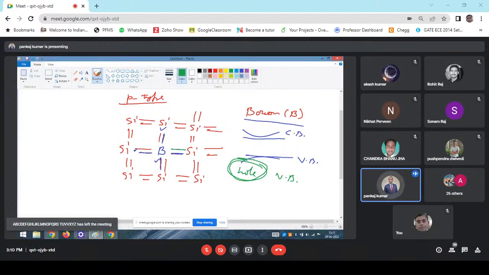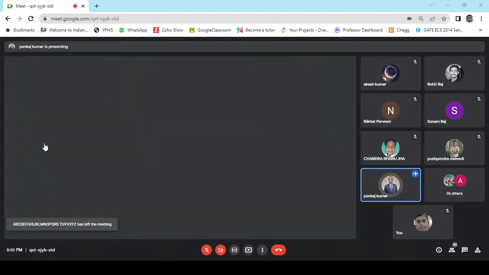So in p-type doping, only the concentration of holes increases, just as in n-type only the concentration of electrons increases, not holes. In this way, the carrier concentration increases and the conductivity becomes high.